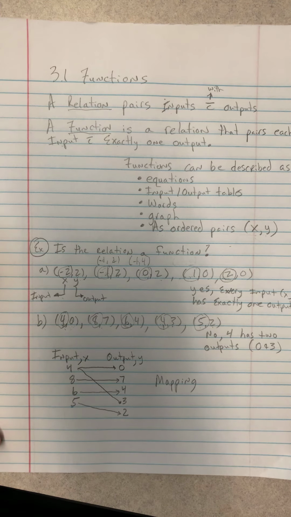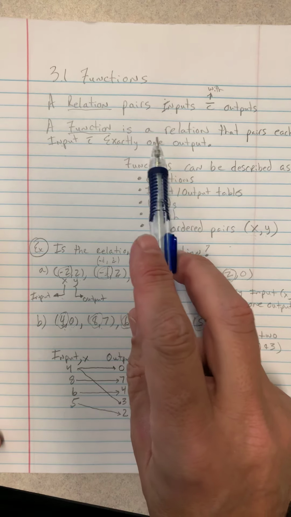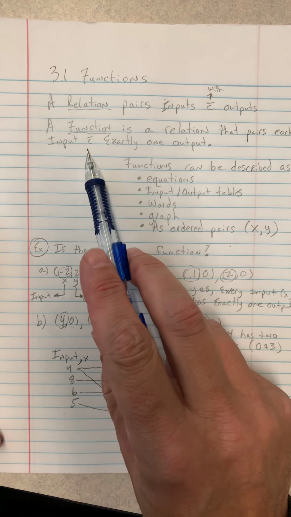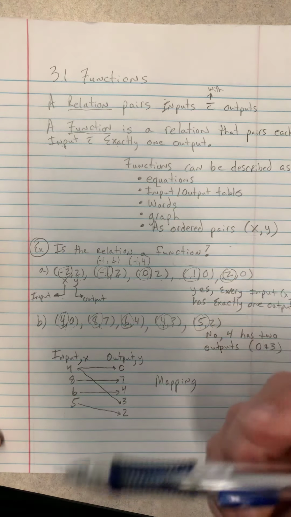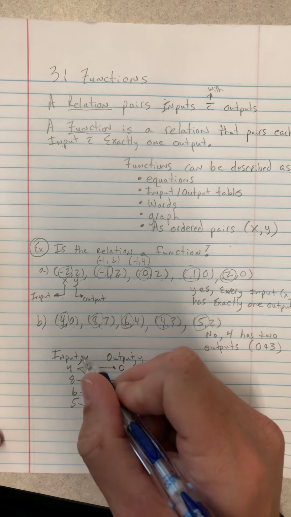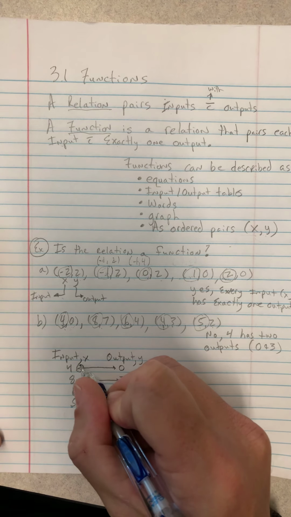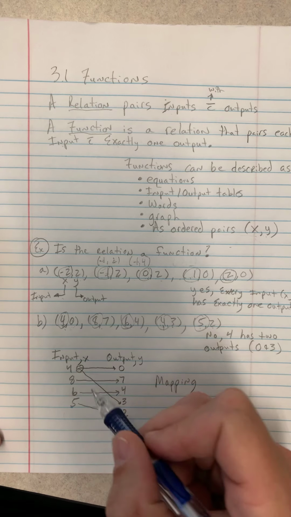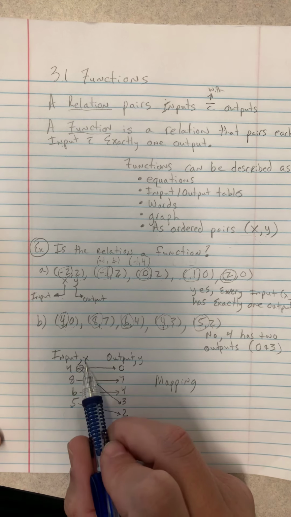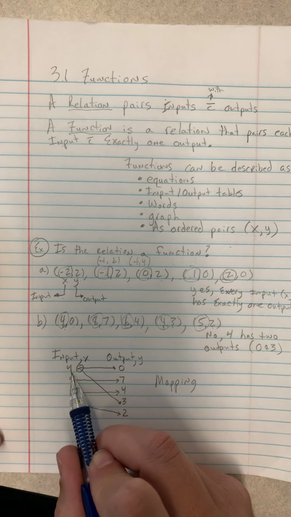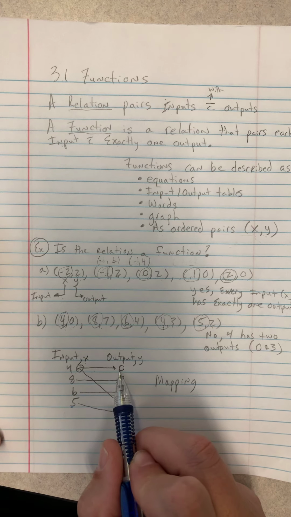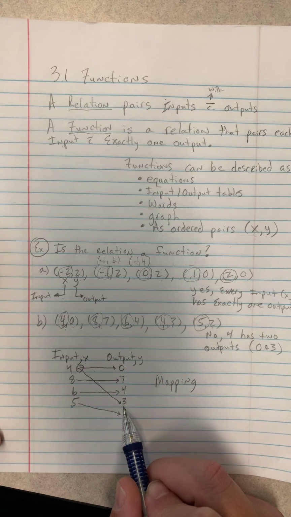And I can see right here, back to my definition of a function: each input has exactly one output. If I look at my x's here, this little branch coming off this tree trunk has 2 branches. This input of 4, this x of 4 has an output of 0 and has an output of 3.